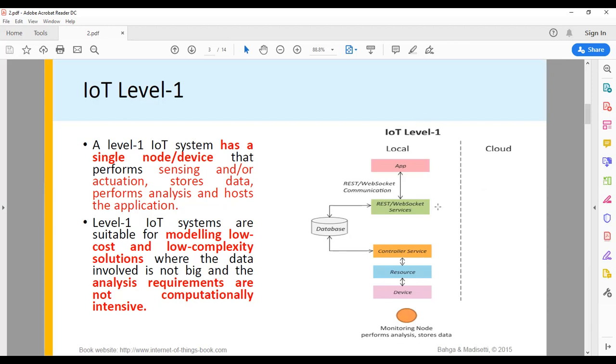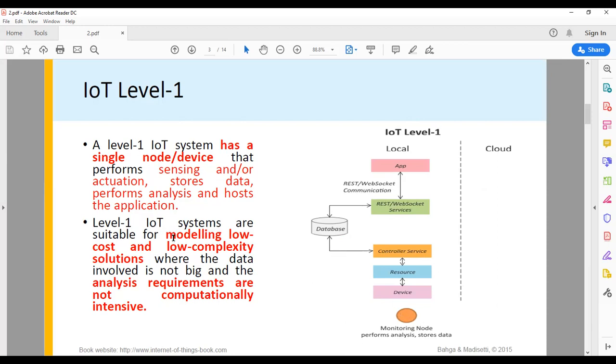This is the very basic level of IoT deployment. IoT level 1 has a single node device and performs sensing, actuation and data storage. All the functions are performed by the single node only.